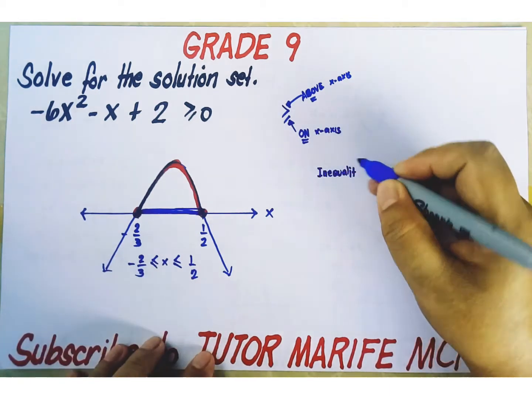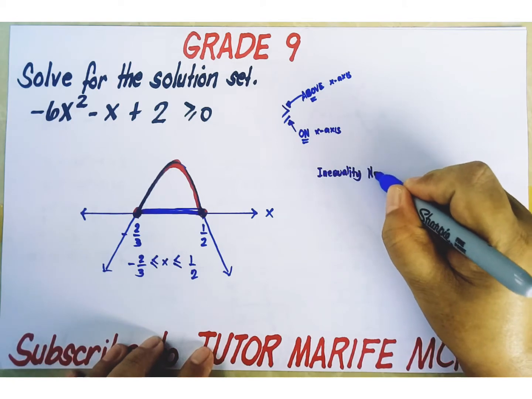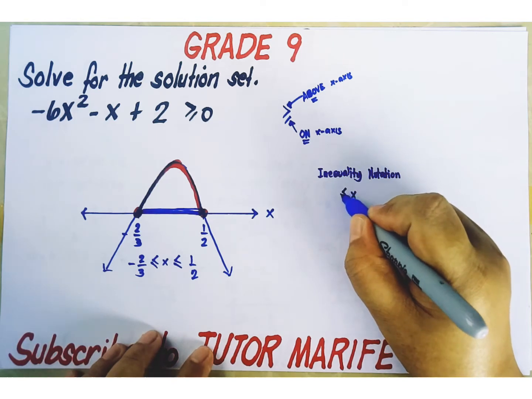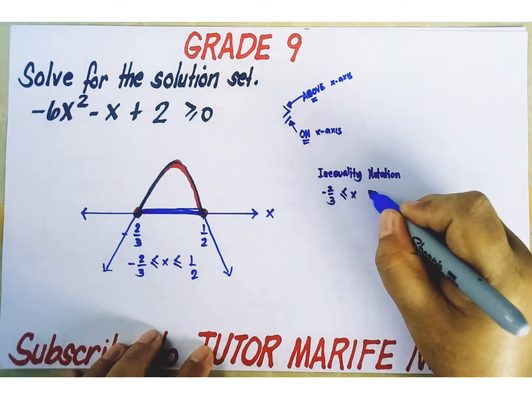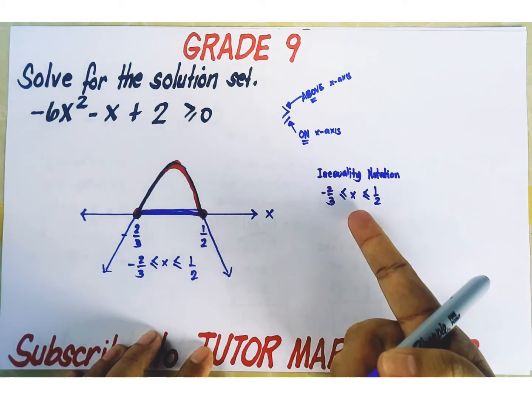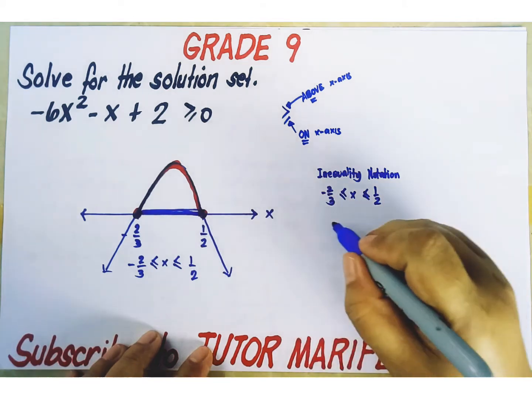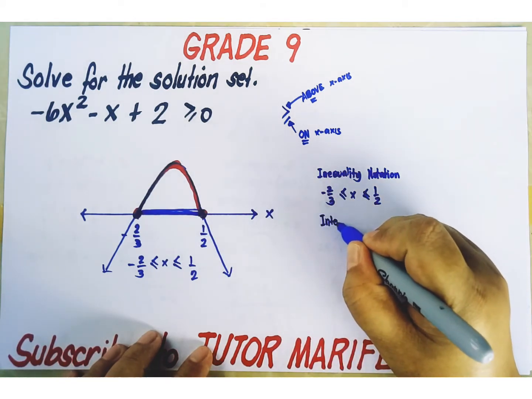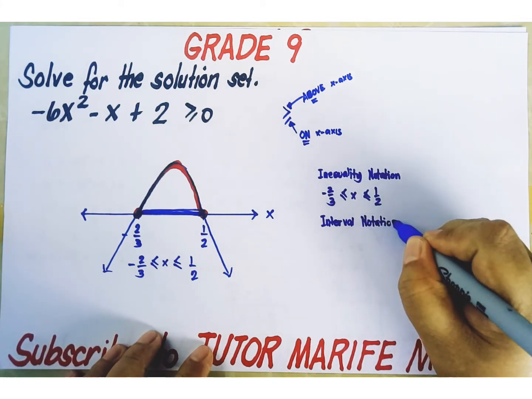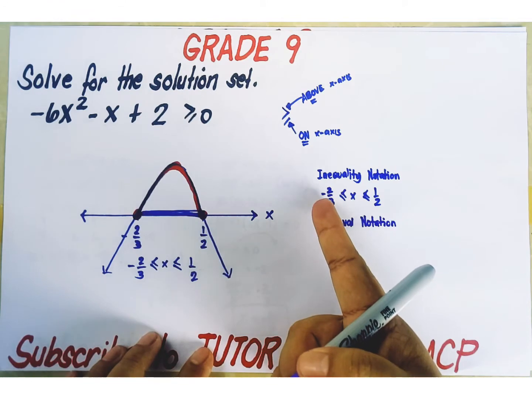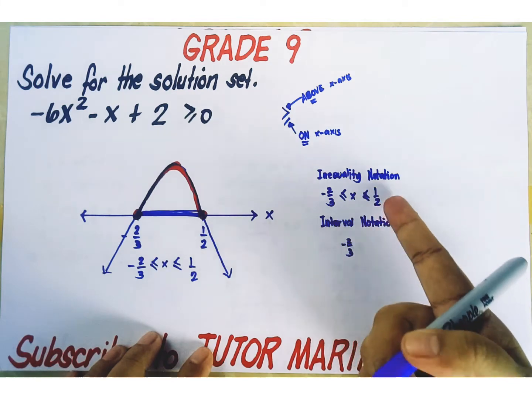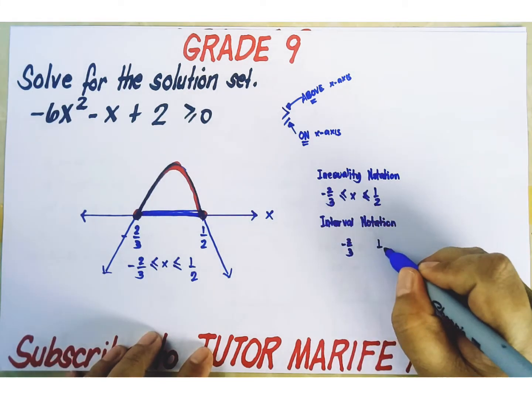This is expressed in inequality notation: x greater than or equal to negative 2/3 but less than or equal to 1/2. We can also express our solution set using the interval notation. We just write our left endpoint, negative 2/3. Write also the right endpoint, 1/2.